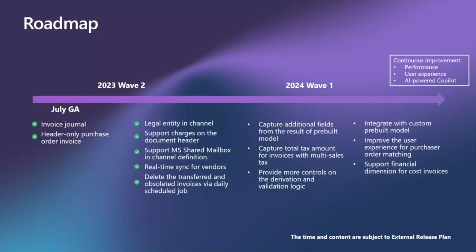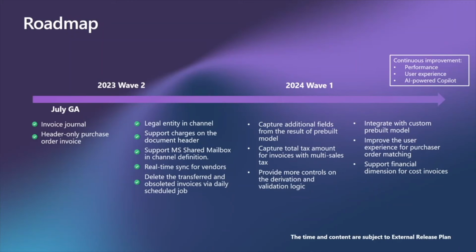The two big features which will be covered: first, as I mentioned, we will support the custom prebuilt model. According to past feedback from customers, sometimes they didn't choose our solution because they have very complex layout invoices, which cannot be handled well by the prebuilt model.